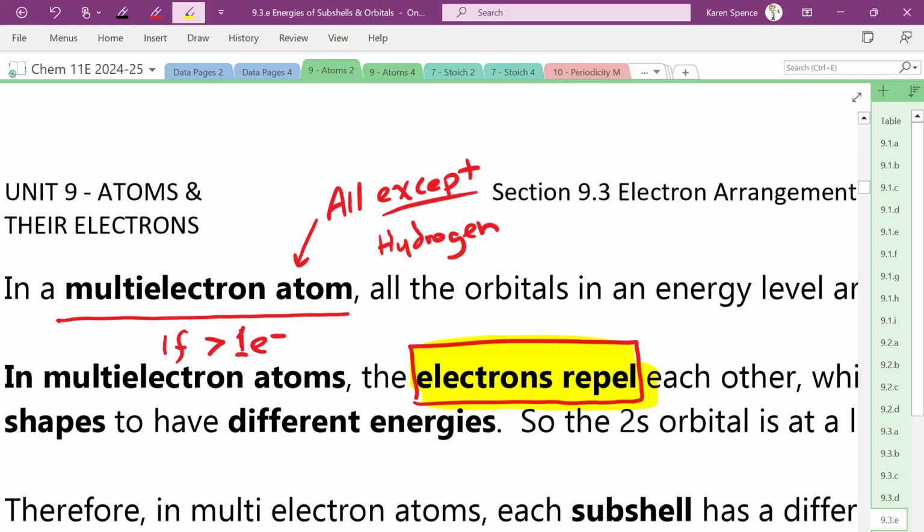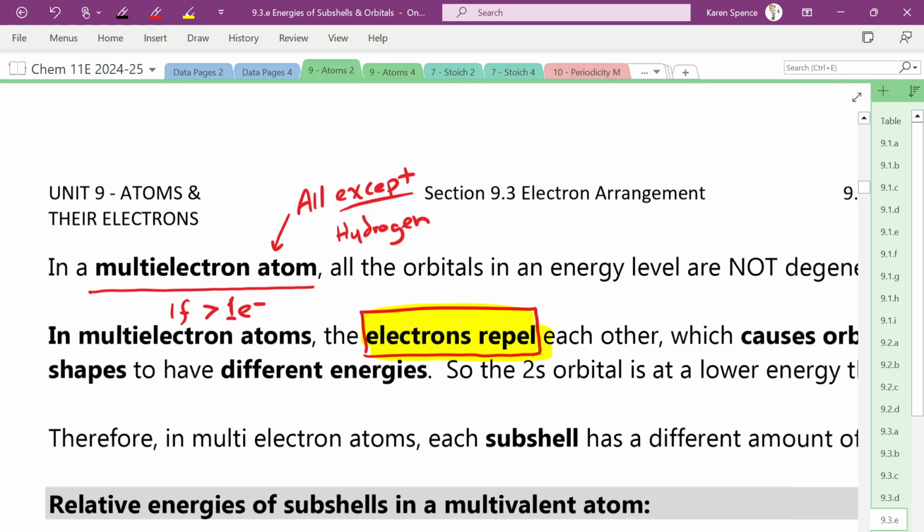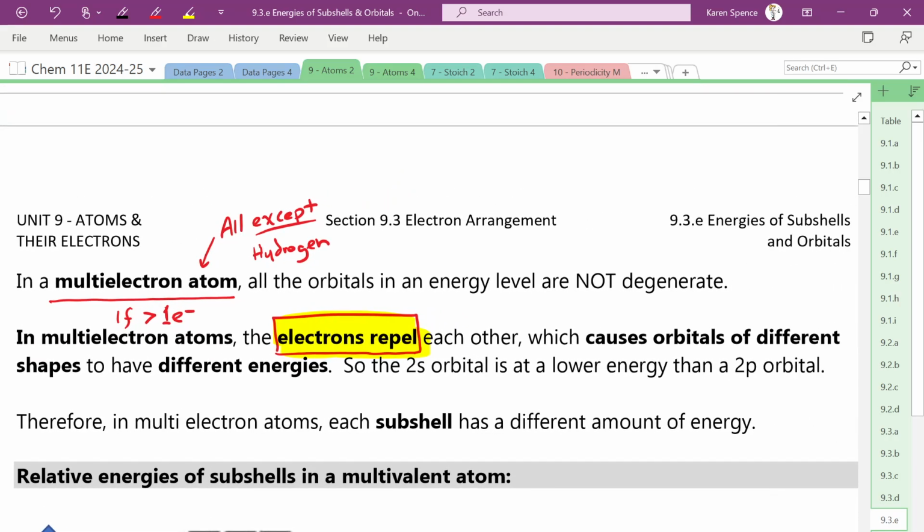And the consequence of that repulsion is that if you have orbitals of different shapes, they will have different energies.